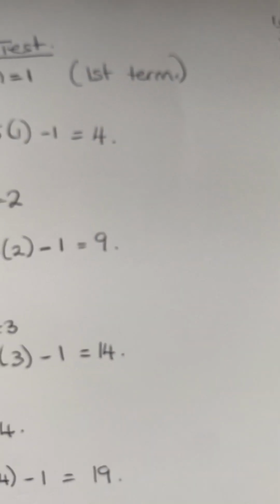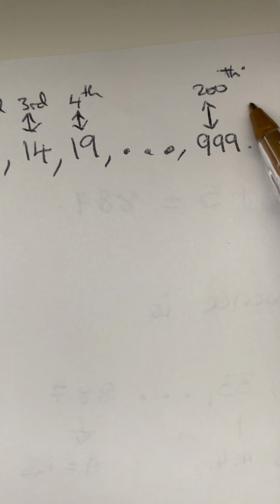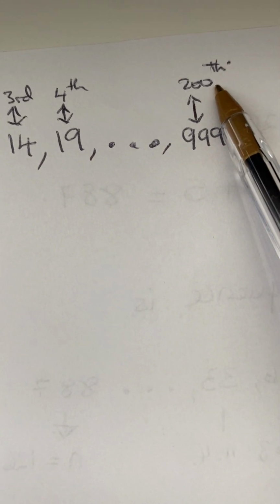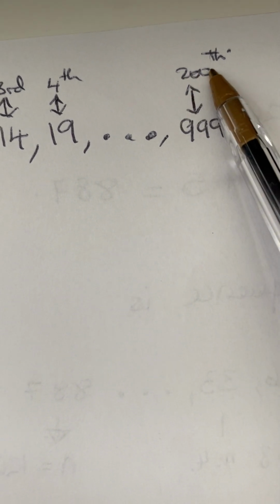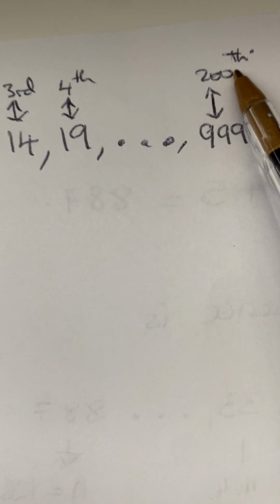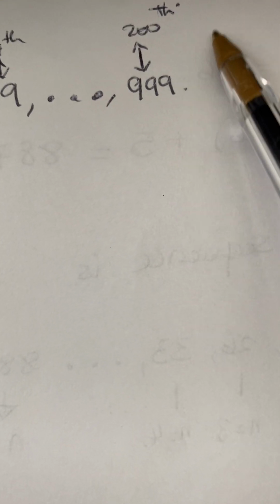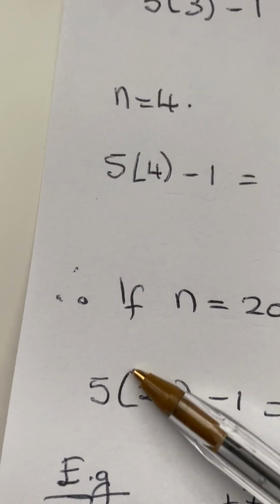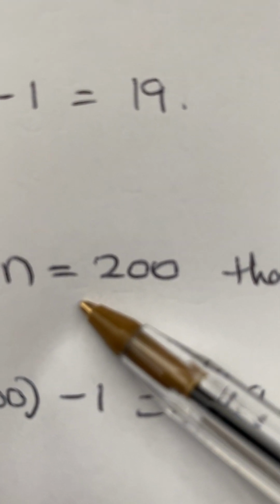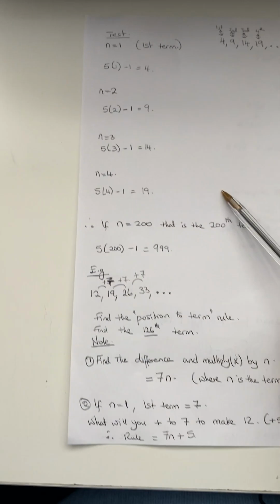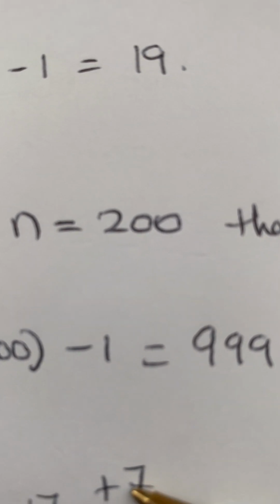So if we want to find the 200th term, it will be 5 times 200 minus 1. So if n is 200, that will be the 200th term.